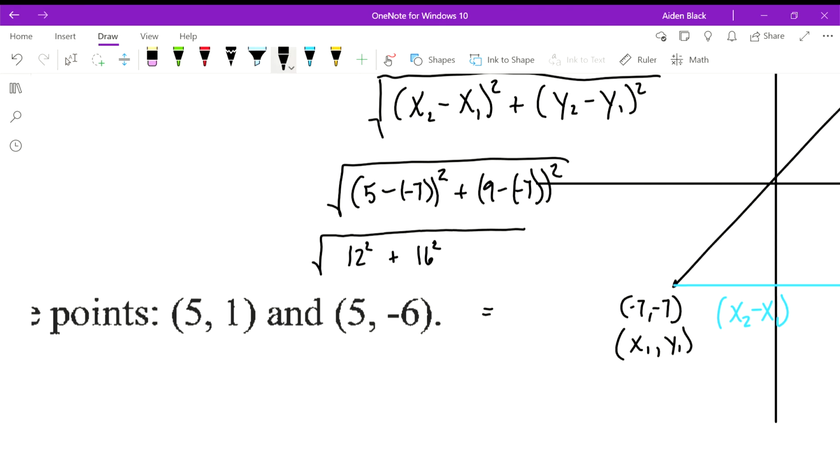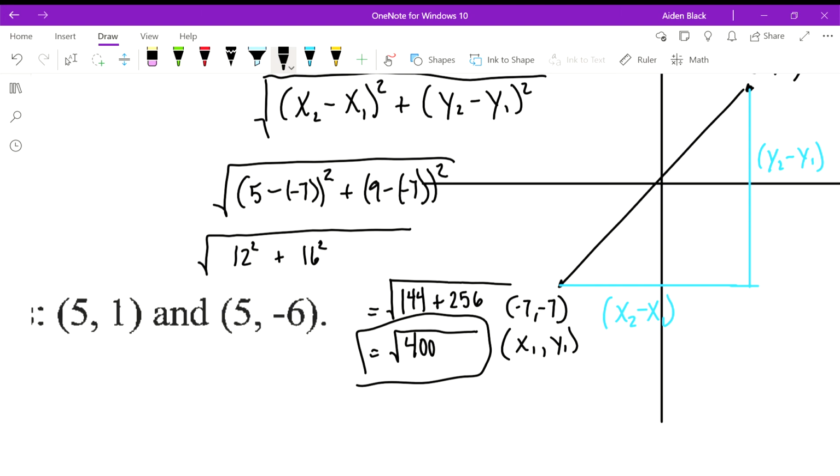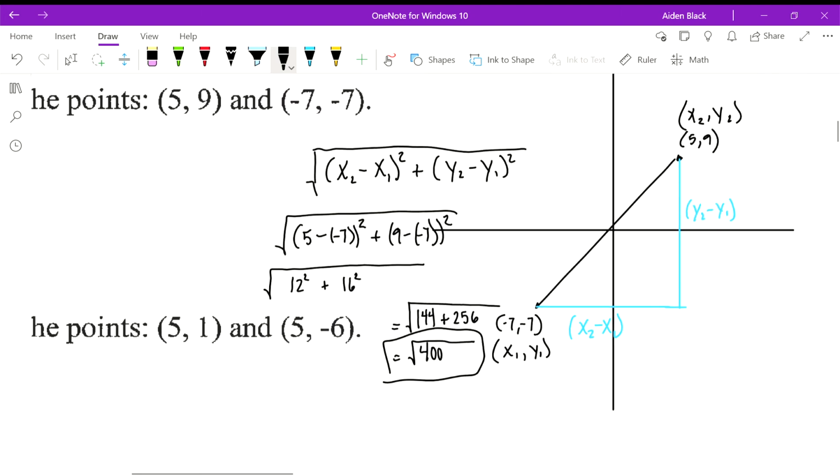This is equal to square root 144 plus, I think 16 squared is 256, which is equal to 400. So even if you just wrote this, you'd be correct. But I think we could take the square root of 400 without using a calculator.